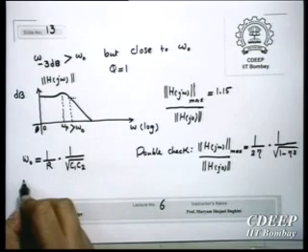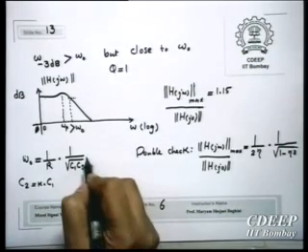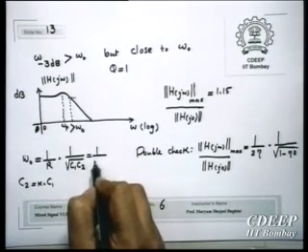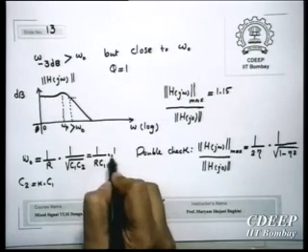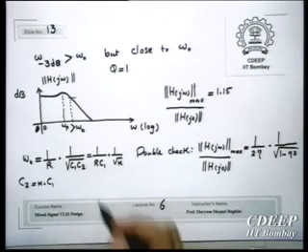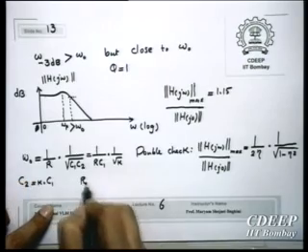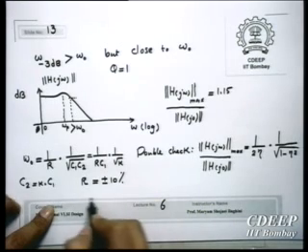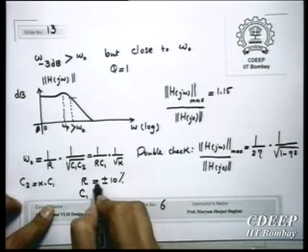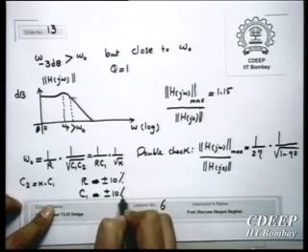Because we consider C2 a constant, K into C1, it will be 1 upon R, C1, and C2 is a constant, so root square K. Suppose R has plus minus 10% variation and C1 also has plus minus 10% variation.